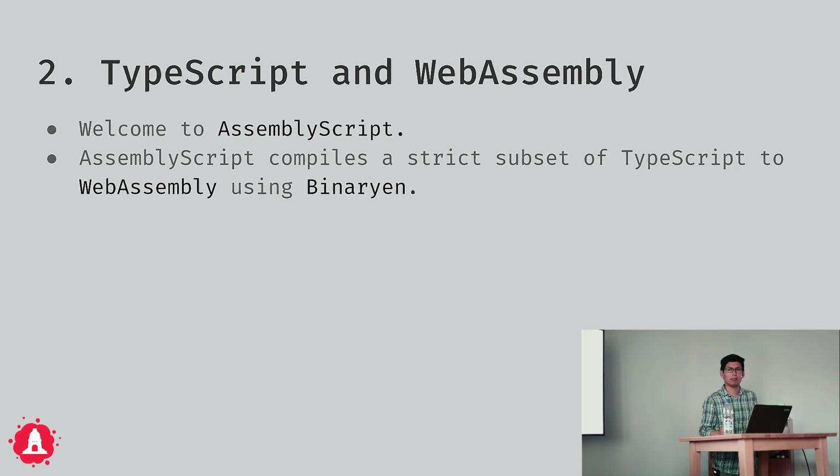It's possible with the help of AssemblyScript, which is a compiler toolchain for compiling JavaScript code into WebAssembly. The particularity is that AssemblyScript compiles TypeScript in a strict subset. What exactly does a strict subset mean?